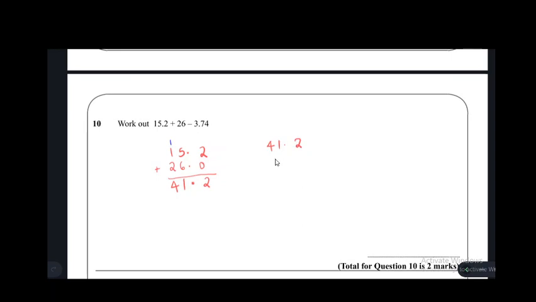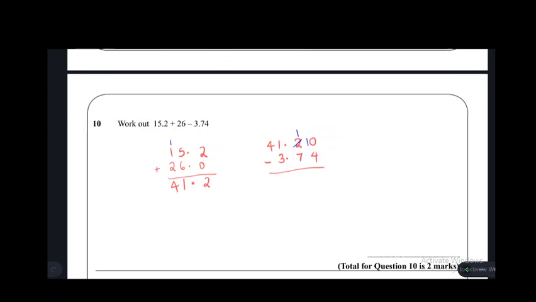41.2 minus 3.74. So remember, the decimal points have to always align. Now this one is like having a 0 or nothing at the top, and then I'm subtracting these 2 numbers. Okay, so 0 take away 4 is not possible, so I go to the next place value and borrow a 1, and when I borrow 1, I get 10 here, and I remain with 1. If I had 2 and I borrow 1, I just remain with 1.